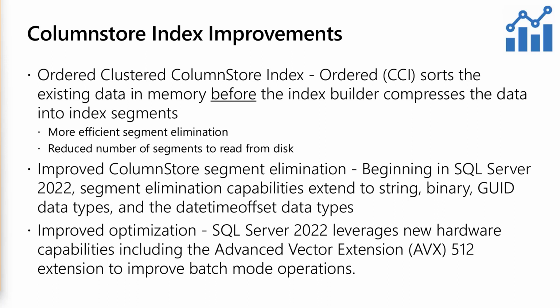Now, we recommend using a clustered column store index for data warehouse scenarios with large fact tables and large dimension tables. We recommend using a non-clustered column store index for real-time operational analytics and for scenarios where you need a specific index to improve reporting against, like, an OLTP environment.